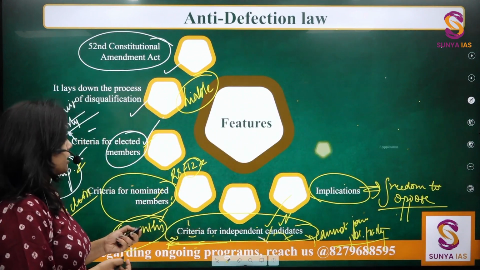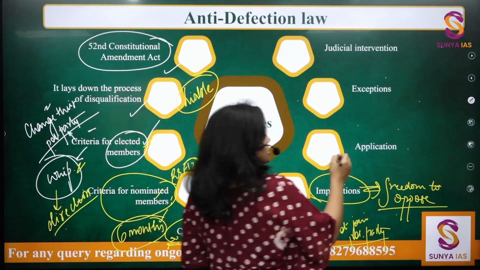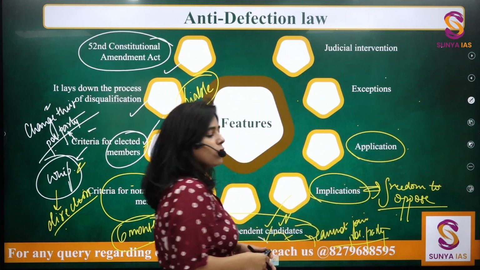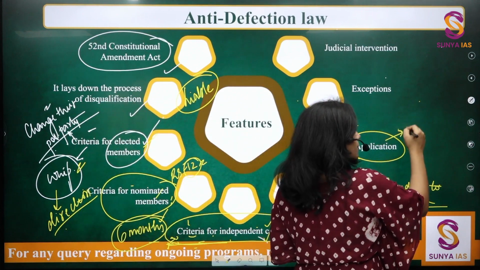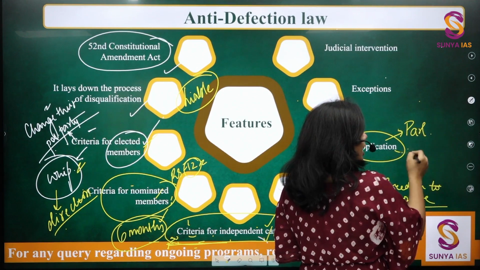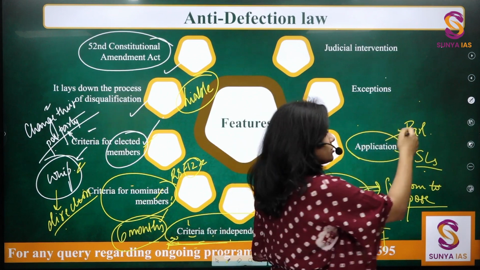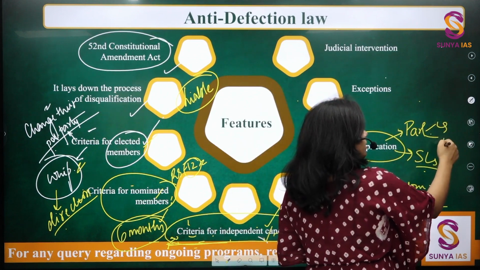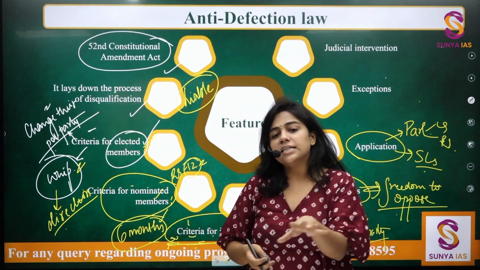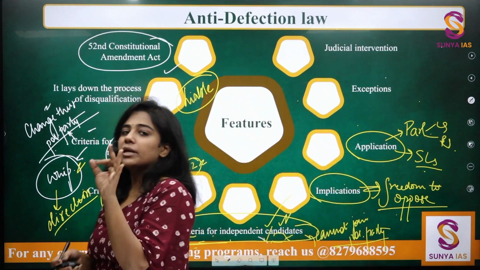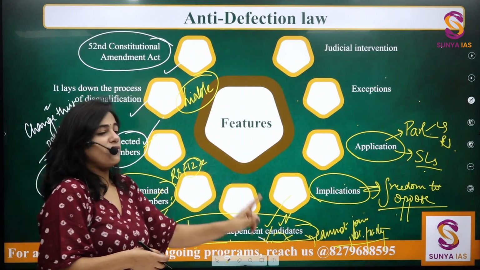But right now, overall, the application: the law will be applicable to both Parliament and state legislatures. Both the houses of Parliament, Lok Sabha and Rajya Sabha, and in state legislatures, whichever state legislatures have a bicameral legislature, both the houses will be subject to the Anti-Defection Law.